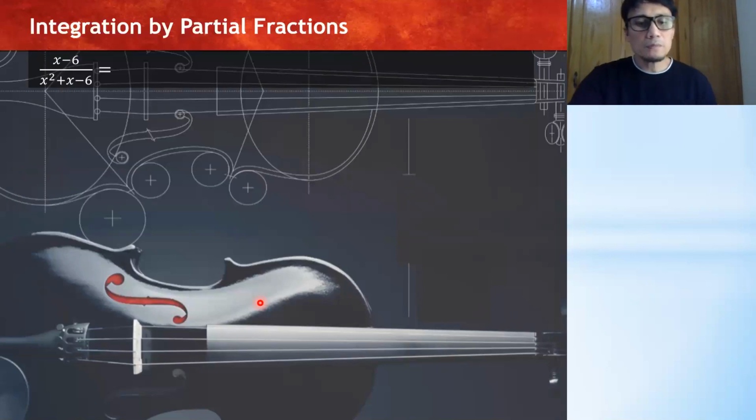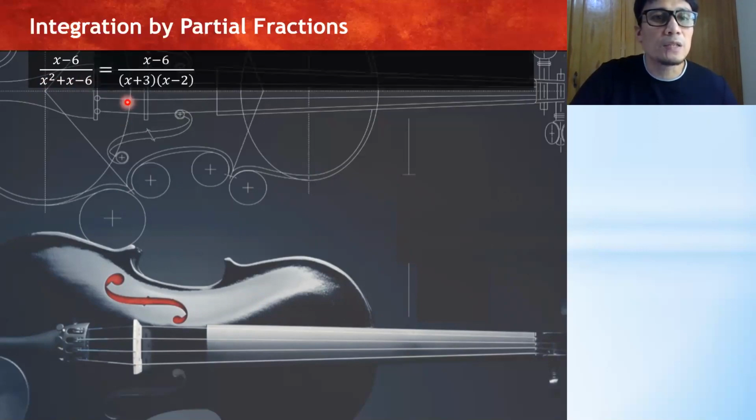Okay, so we have this. First, we express this as linear factors, and we know that the factors are x plus 3 times x minus 2.